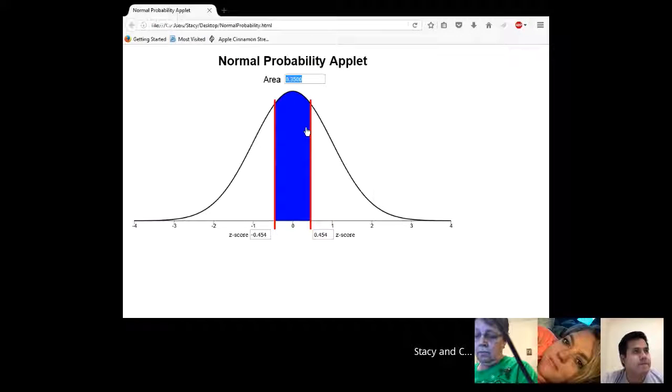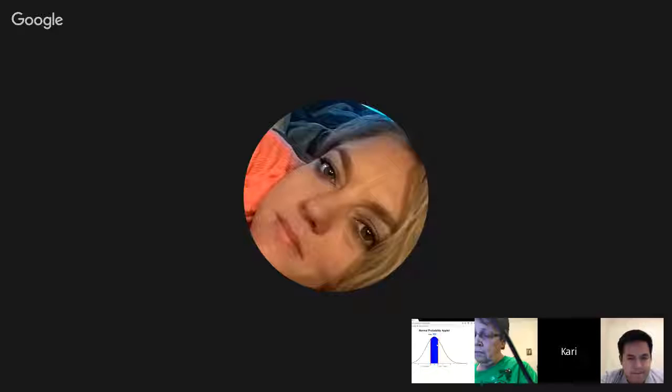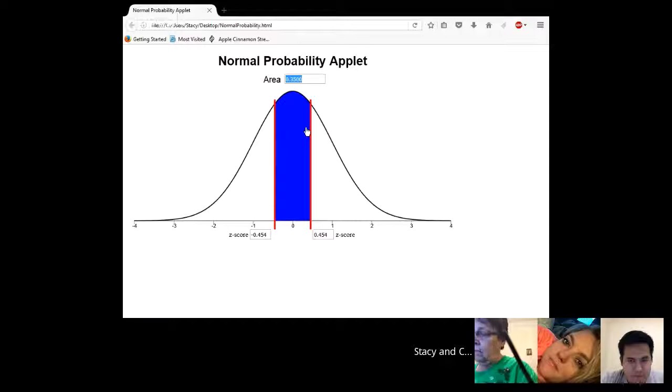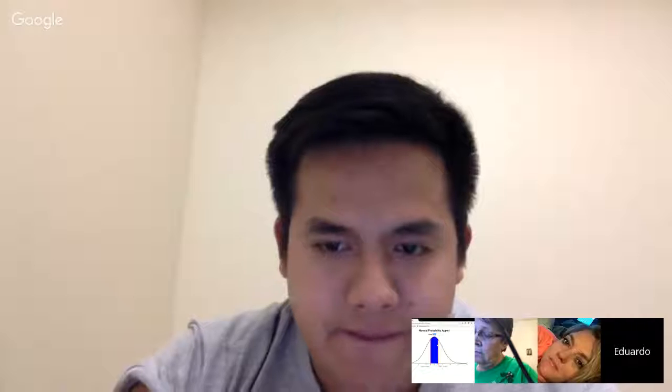Okay, 0.454 times 0.07 is, I got negative 0.03. Yeah, I got negative 0.03. Well, technically 0.032 since you have to round to the third decimal place.